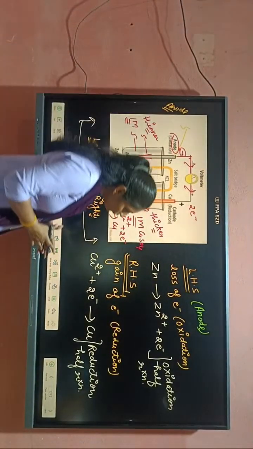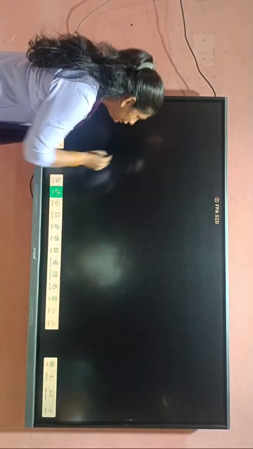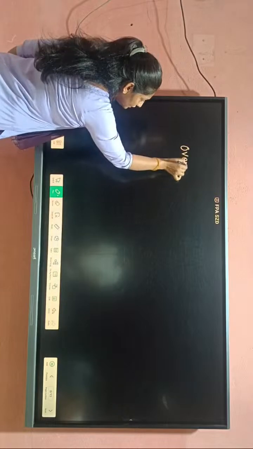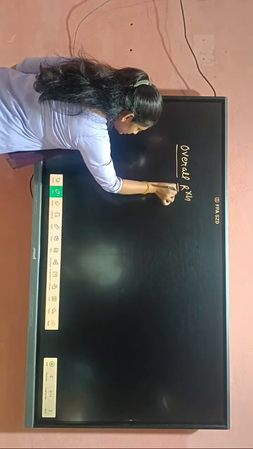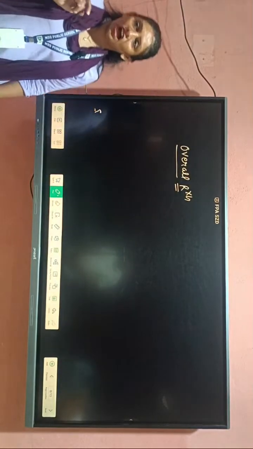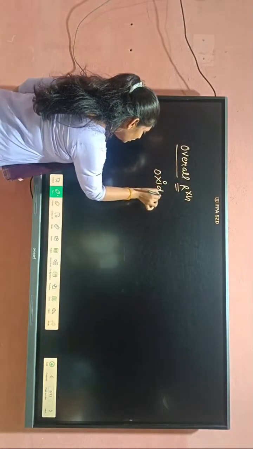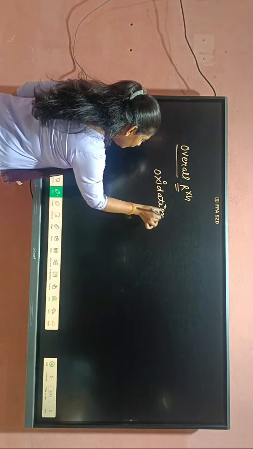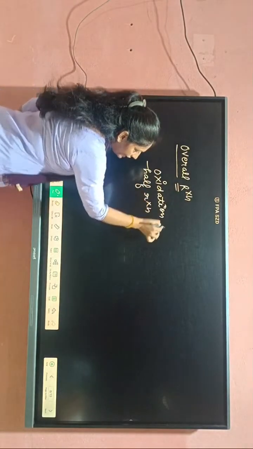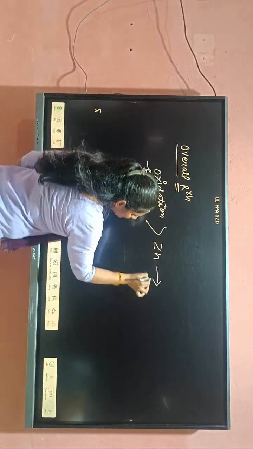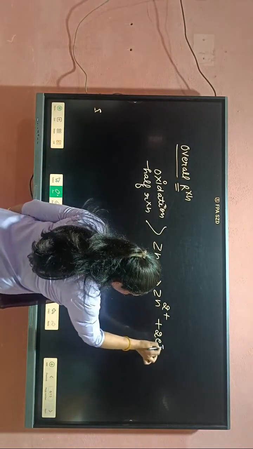Okay, students. So when we combine both half reactions, we will get the overall reaction. Now you should know about the oxidation half reaction and reduction half reaction. The oxidation half reaction is: zinc converts into zinc ions after losing two electrons.